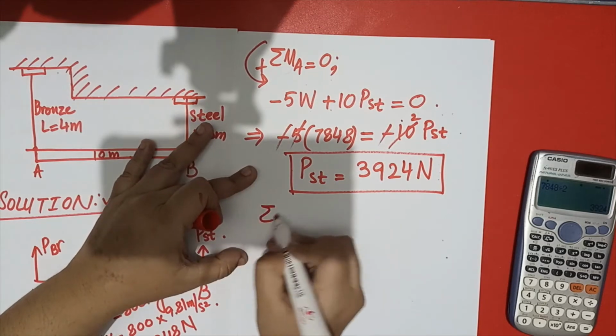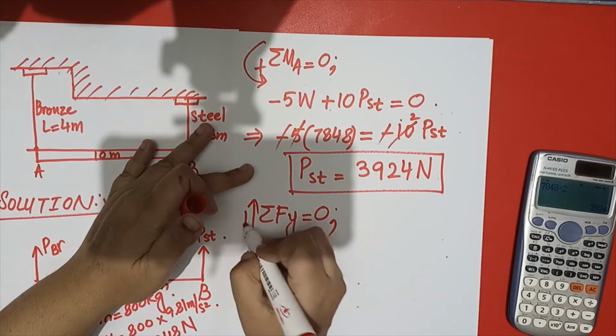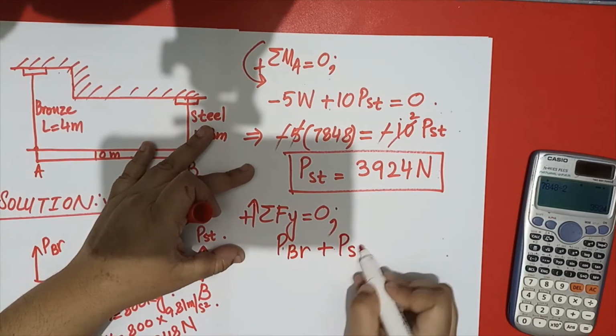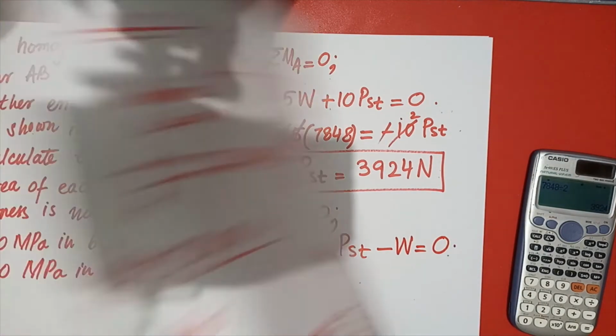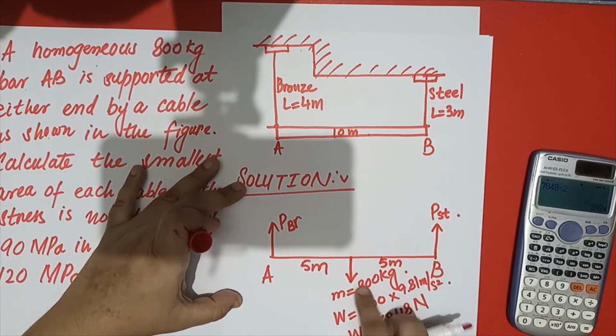Now we are going to calculate P_BR by summing up vertical forces. By equilibrium, P_BR plus P_ST are both positive and W is negative, since it acts downward.